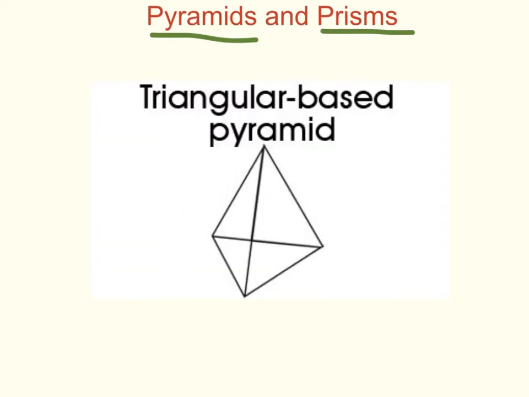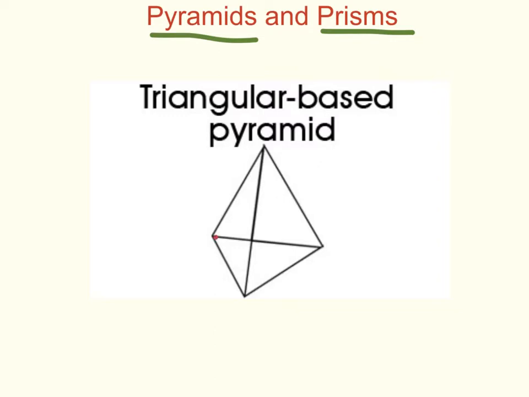Here we have what's called a triangular-based pyramid. Do you know why it's called triangular-based? It's because the base is a triangle. So just like our square-based pyramid, the faces on a triangular-based pyramid are triangles. So there's a face, and here's another face. They're triangles.